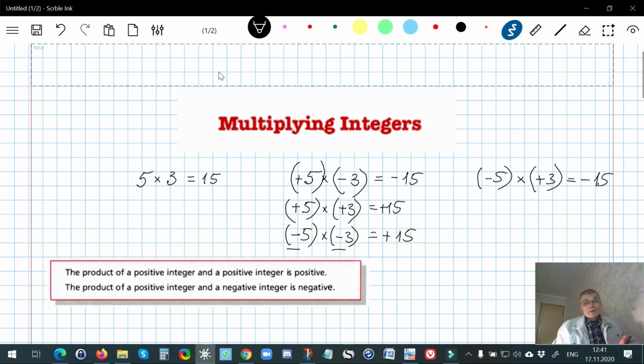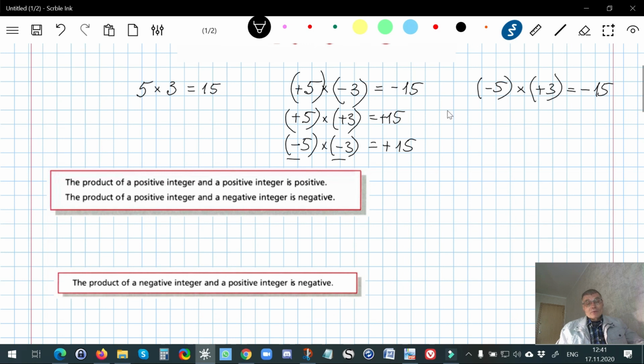So it takes getting used to, it takes some revision, and it takes some practice. But those are the rules. If we have a positive integer and a positive integer, so both signs are positive like here, the product is positive.